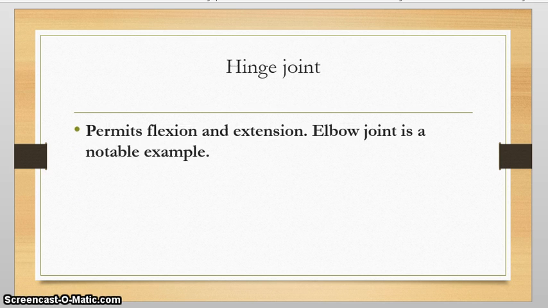Next we go on to the joints, like the hinge joint. Hinge joint permits flexion and extension at the elbow joint and the knee joint. Where you extend your arm, that's extension.